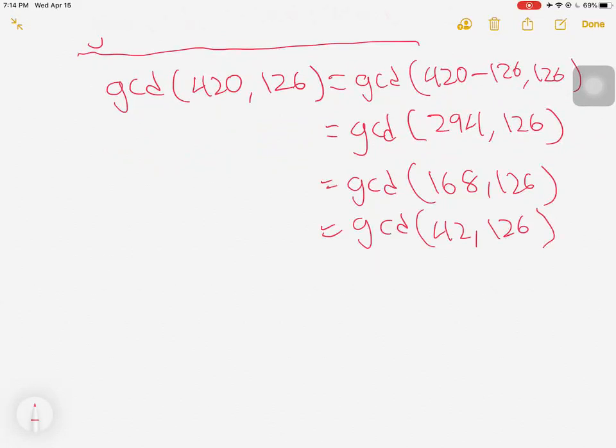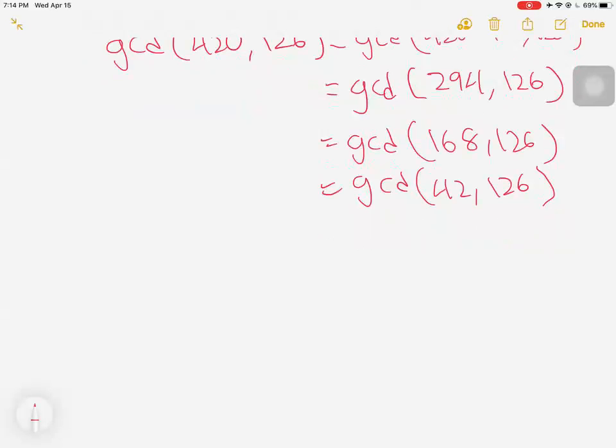And we notice that we can't take any more 126s away from the 42 or else we'll get a negative number, which we don't want. So we can simply take the 42 away from the 126 this time. So it's just the GCD of 42 and 84, which, if we apply the Euclidean algorithm again, we'll get the GCD of 42 and 42.